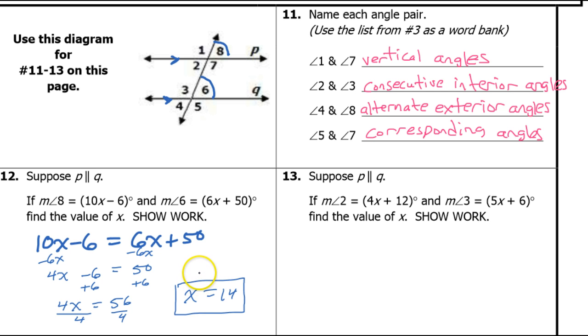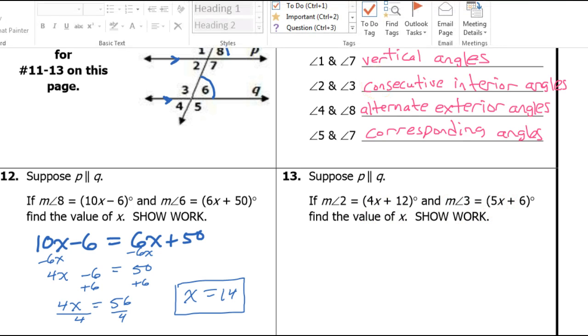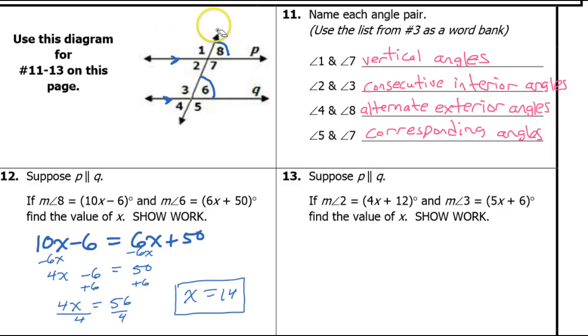Okay, so now, again, supposing that P and Q are parallel, take a look at angle 2 and angle 3, and let's see if they're congruent or supplementary, which is pretty much the two options that we have.